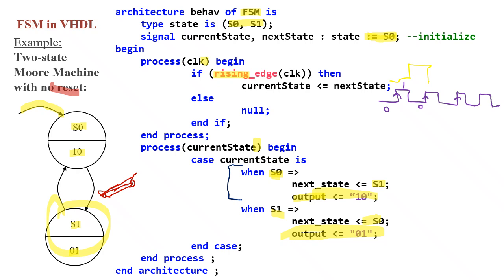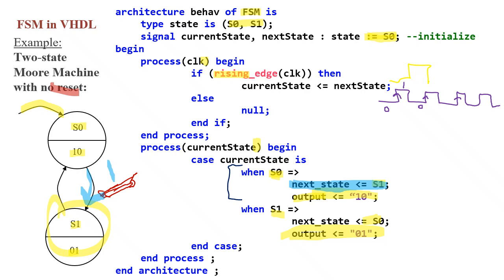Now, besides the highlighted part of the code, depending on if you have an input, you will also need to add a conditional statement to surround the next state, which I will highlight in blue, such that you update the next state based on the condition. For example, you write if input equals 1, then next state is S1, else something else.